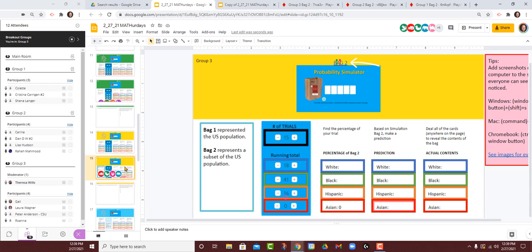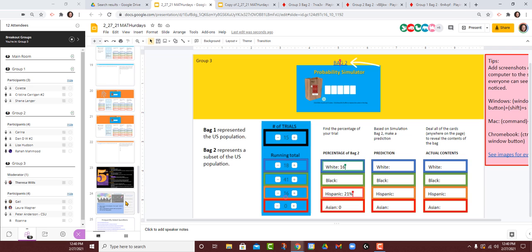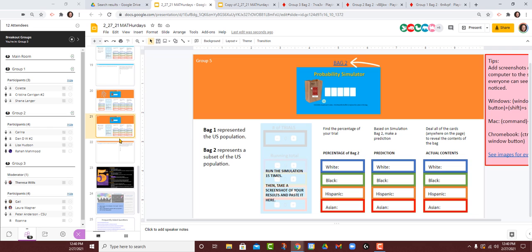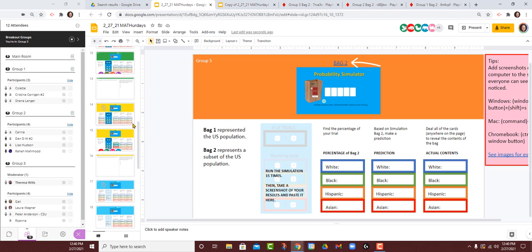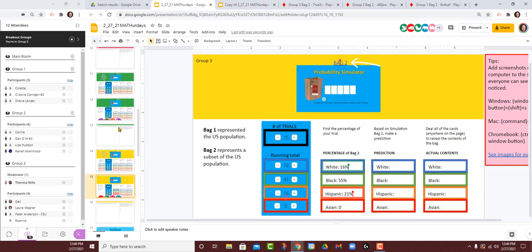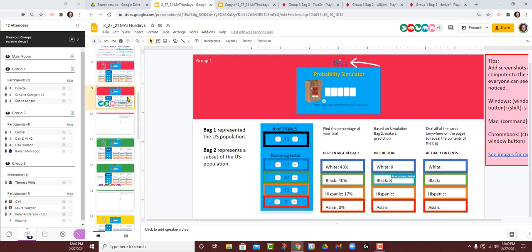Okay, so out of 75, I think blue is 16%. Orange was like 21%. 41 over 75, 55%. We can do that, right? Wait a minute.